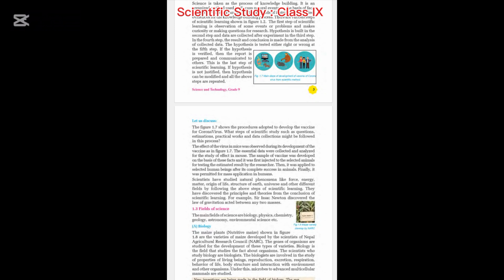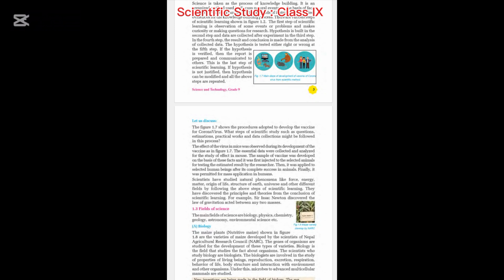The essential data were collected and analyzed for the study of the effect in mice. The sample of vaccine was developed on the basis of these facts, and it was first injected into the selected animals for testing, with the result estimated by the researcher. Then it was applied to selected human beings after its complete success in animals. Finally, it was permitted for mass application in humans.